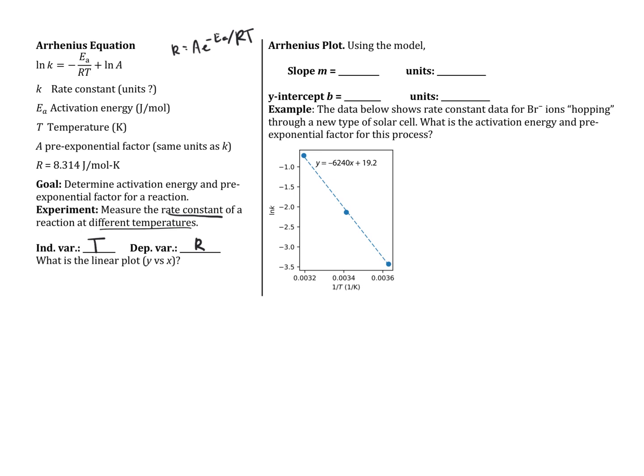The linear plot here is ln of k versus 1 over T. It's always going to be something related to my dependent variable on the y versus something related to the independent variable on the x. And in this case, when we do this, we should get a line. Even though this equation isn't linear, when we use these natural logs, we now get a nice linear plot.